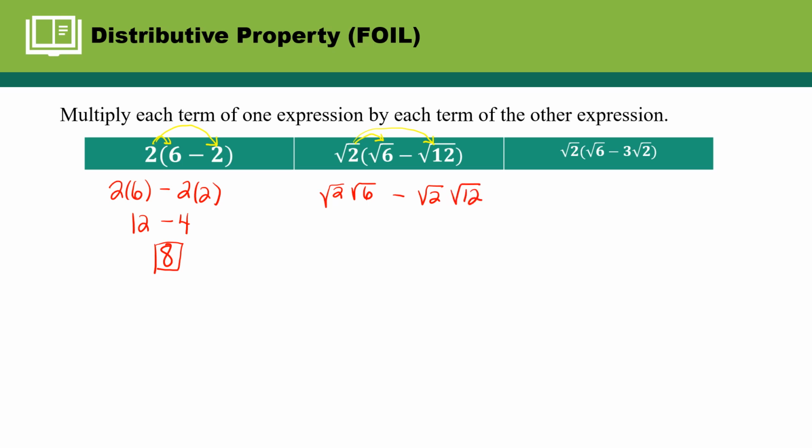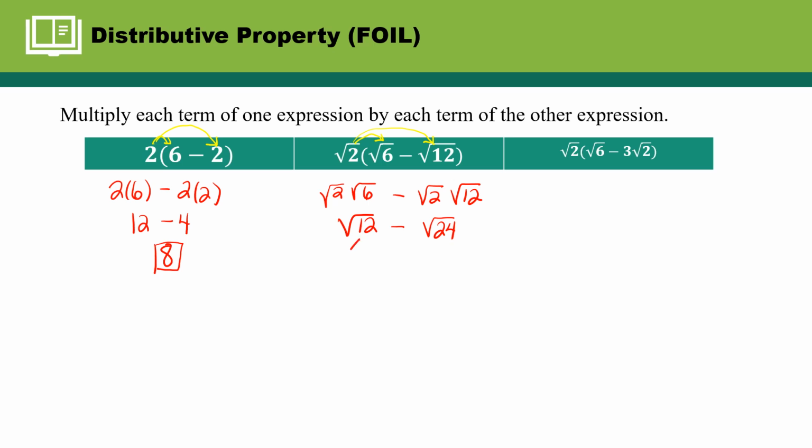The square root of 2 times the square root of 6 is the square root of 12, minus the square root of 2 times the square root of 12 is the square root of 24. Remember, when you have the same index, like square root, cube root, you just multiply what is underneath the radical.